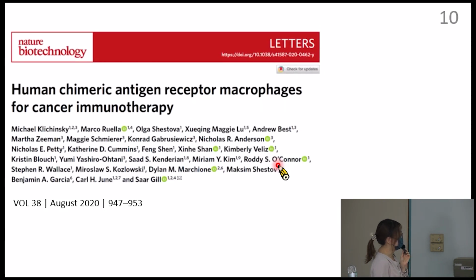So this is the paper I want to introduce today. They developed human chimeric antigen receptor macrophage, CAR macrophage, for cancer immunotherapy.